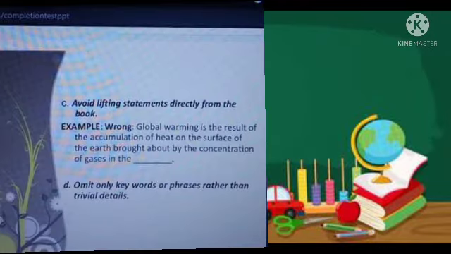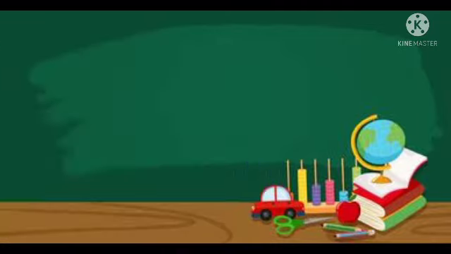Letter C. Avoid lifting statements directly from the book. Example, the wrong one: "Global warming is the result of accumulation of heat on the surface of the earth brought about by the concentration of gases in the blank." Letter D. Omit only keywords or phrases rather than trivial details.